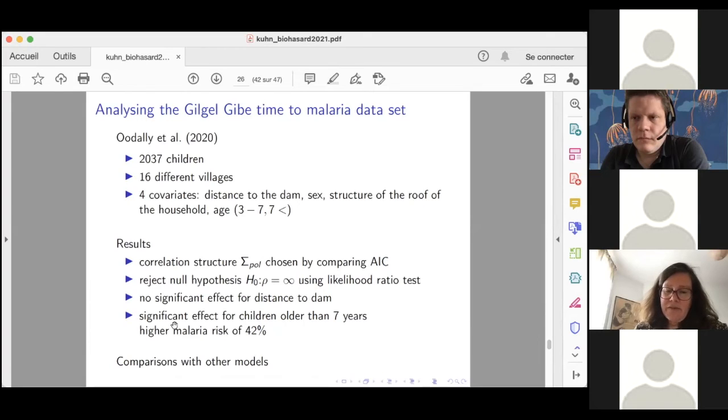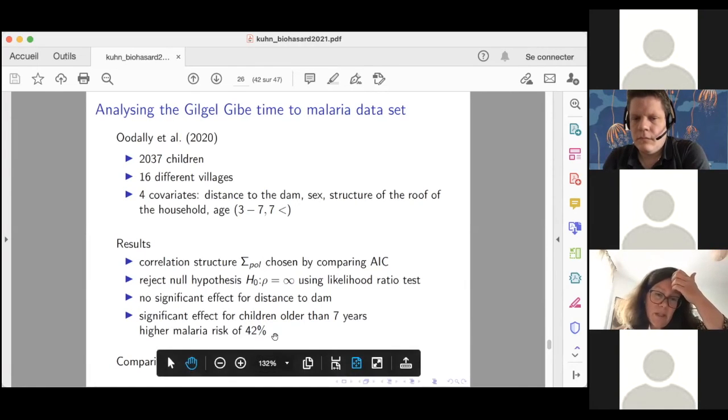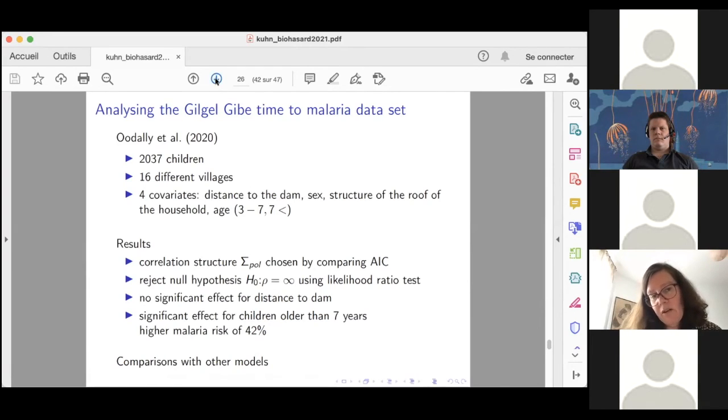The frailty at village level also includes the distance to dam, because the households are so near in one village that they mostly have the same distance to the dam. This is one of the drawbacks pointed out in a previous paper about this analysis, and our model does not have this drawback.